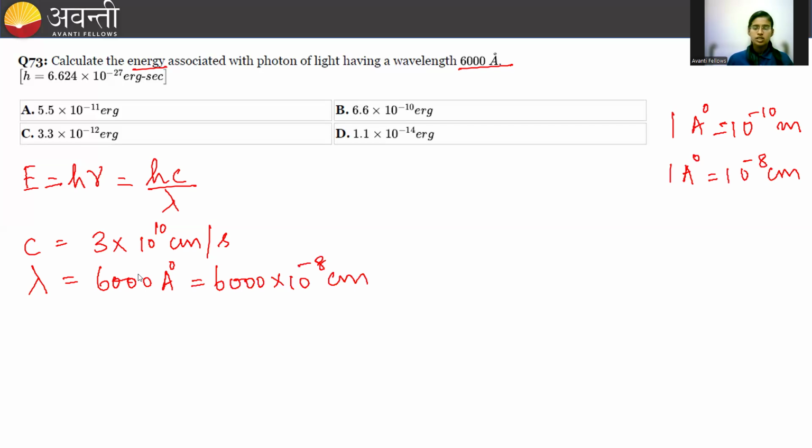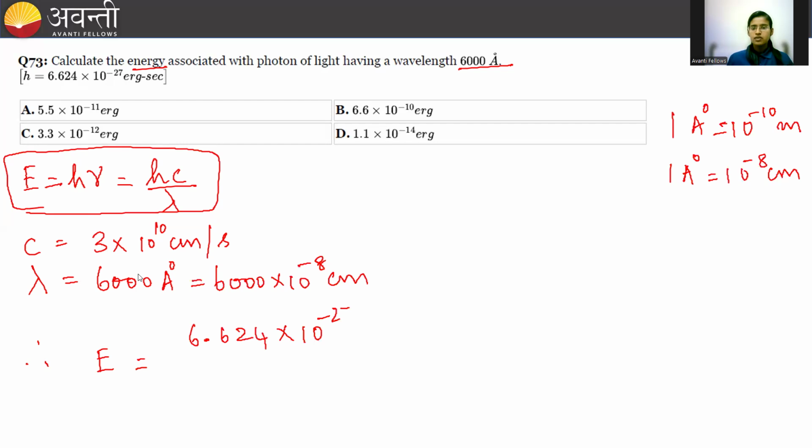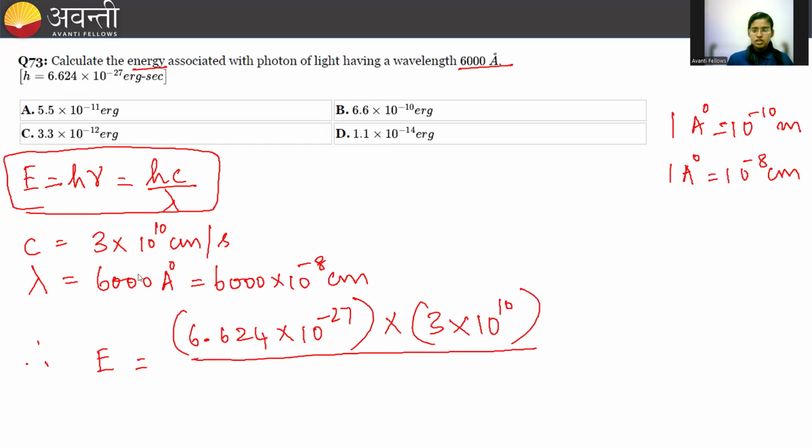Now I can substitute all these values in this formula. Therefore, E will be equal to h, 6.624 into 10 to the power minus 27 erg second, into the c value, which is 3 into 10 to the power 10, divided by the lambda value, which is 6 into 10 to the power minus 5, or 6000 into 10 to the power minus 8.